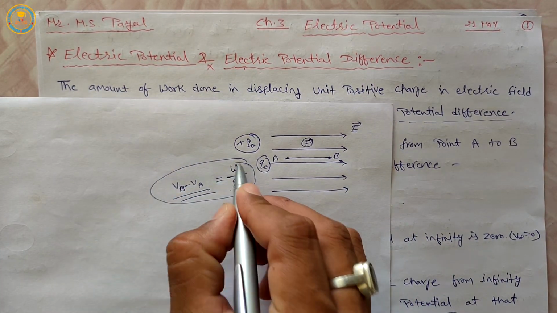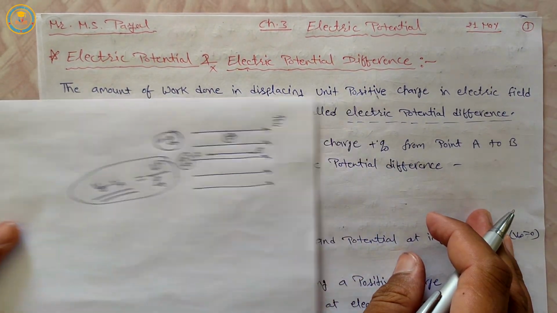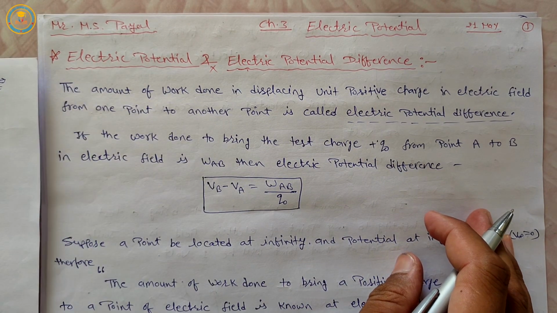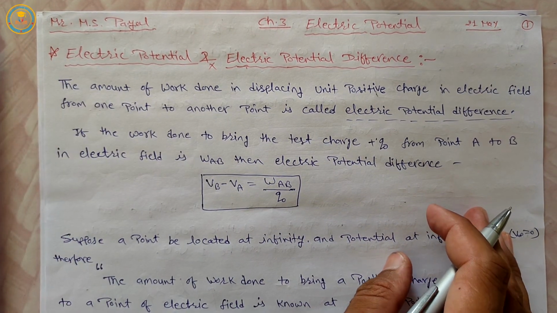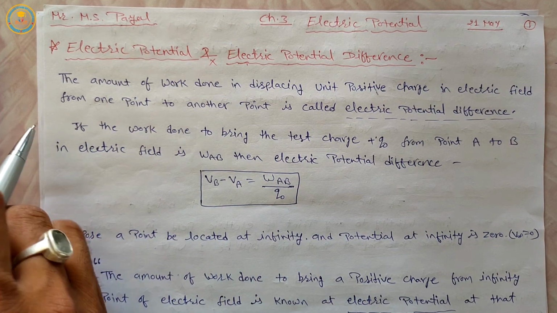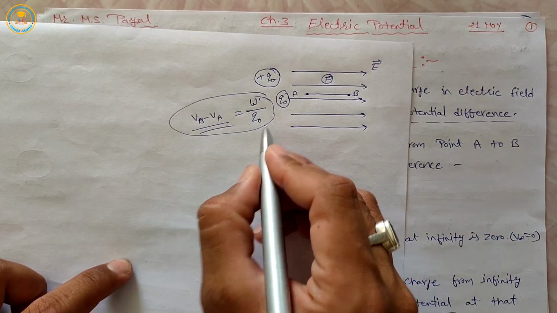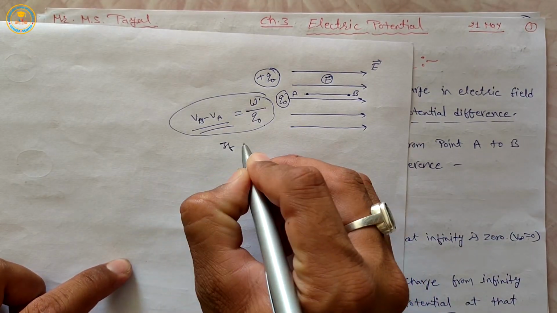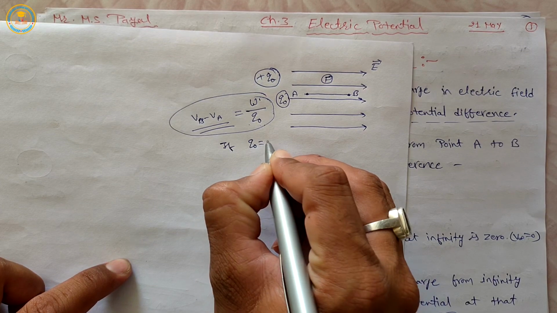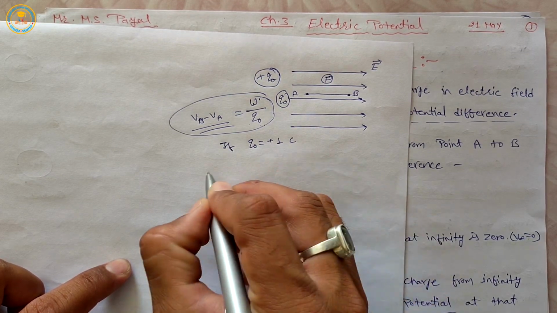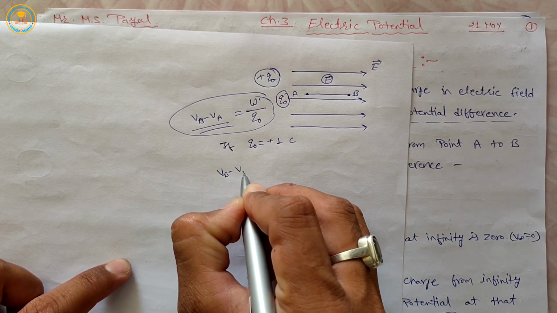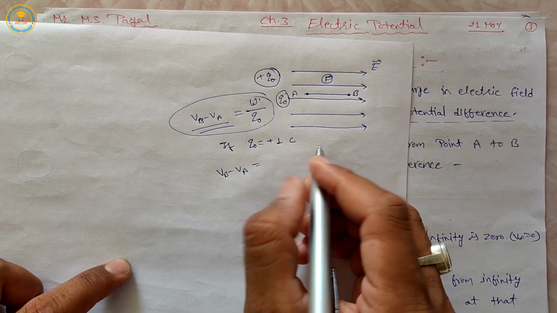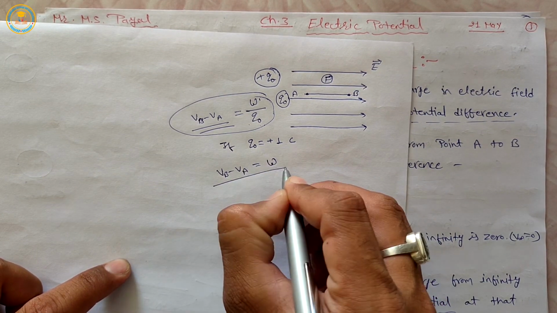According to this, we can state the definition of electric potential difference. By this formula, if Q naught is equal to plus 1 coulomb, then the potential difference of these points, VB minus VA, is equal to W.